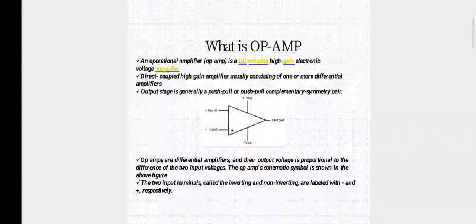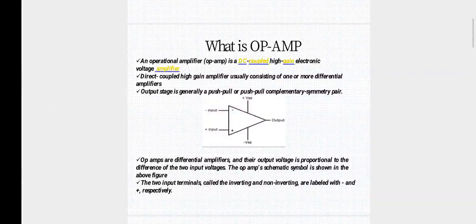Then, what is an op-amp? An operational amplifier is a DC coupled high gain electronic voltage amplifier, a direct coupled high gain amplifier usually consisting of one or more differential amplifiers. The output stage is generally a push-pull or complementary symmetric pair. This is a diagram of the op-amp.